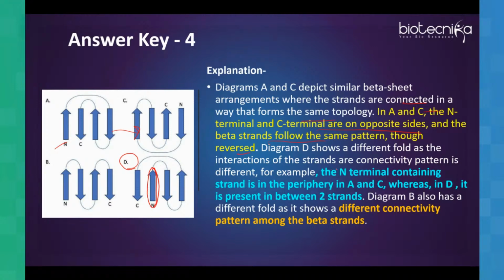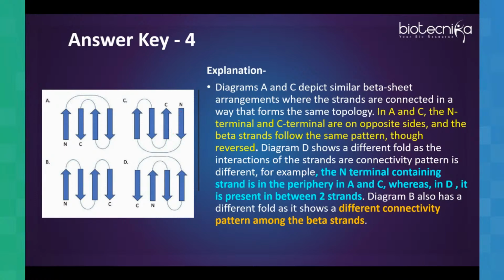So the interaction of the strands, or the connectivity pattern, is different. Yes, N and C are lying close to each other, here also close to each other, but in the pattern with which they are connected, here N and C are placed next to each other but they are not interacting.